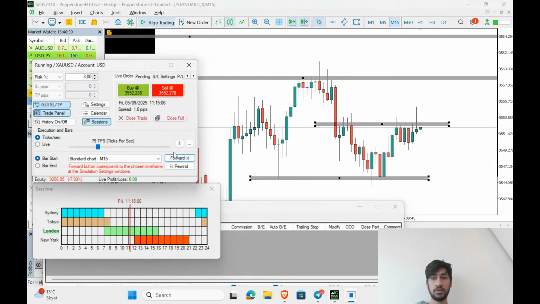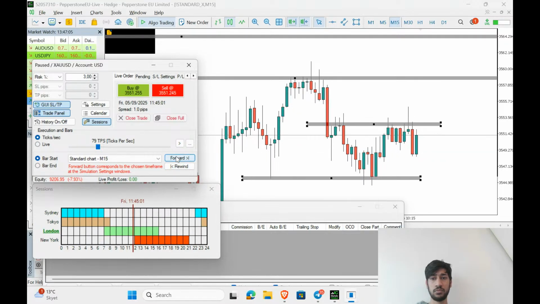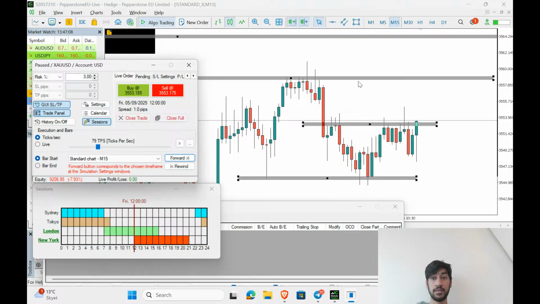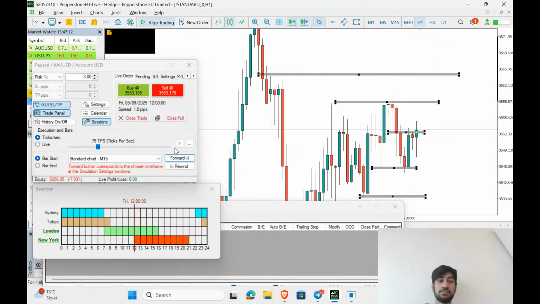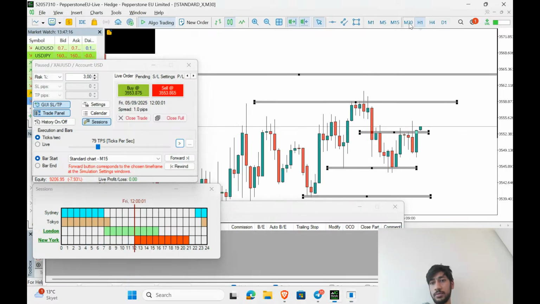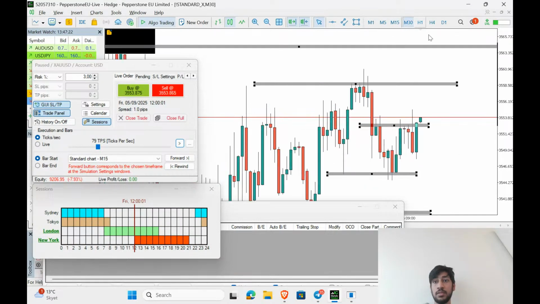Forward, forward. Yeah. See, H1, we closed above M30, we closed above M15, we closed above, but this candle has no wick at the top.